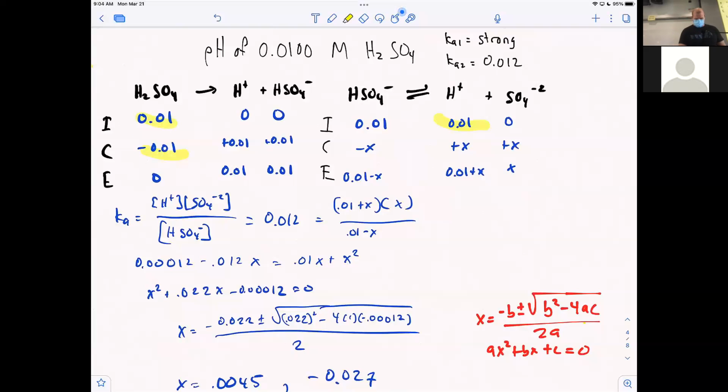Okay, so here is the pH of centimolar, 0.01 molar sulfuric acid. You have two ICE charts, and step one is just an arrow, meaning this reaction goes completely to the right.